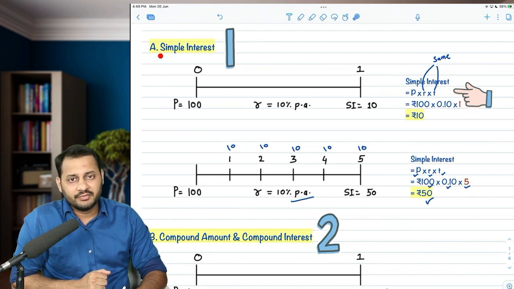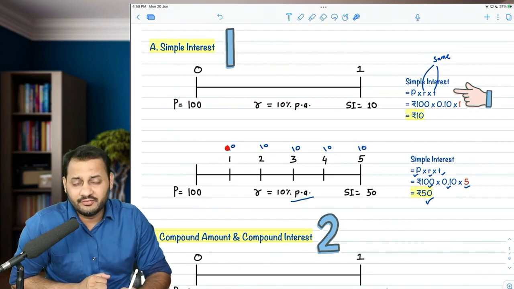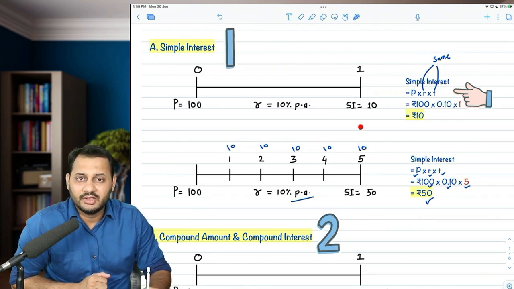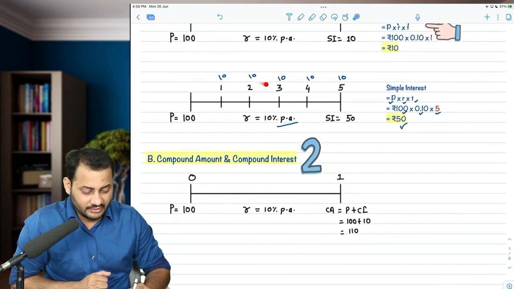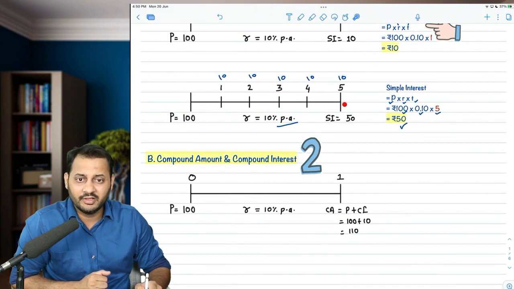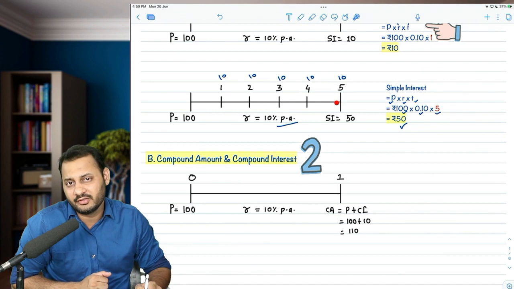In this case, we were assuming that this 10 rupees was received by us every year. But now we are assuming that this interest will not be received by us every year. It will be given to us along with the principal only at the end of 5 years.